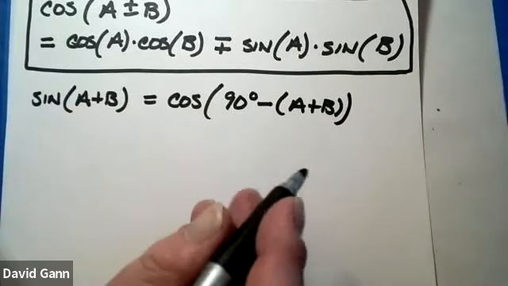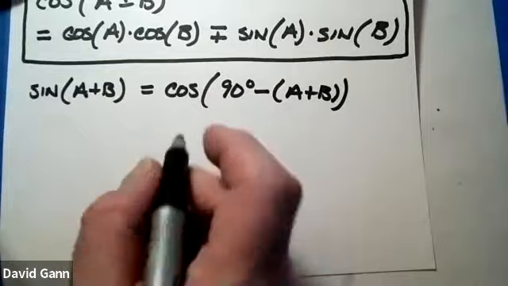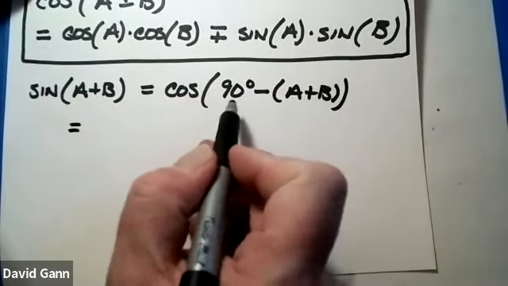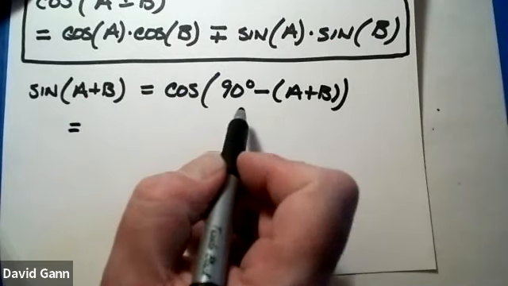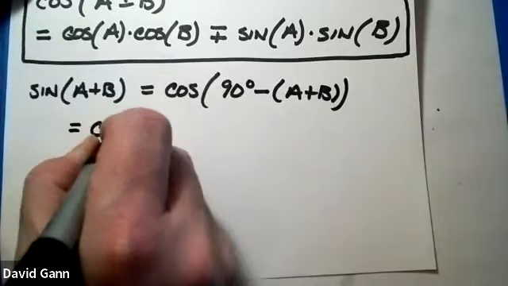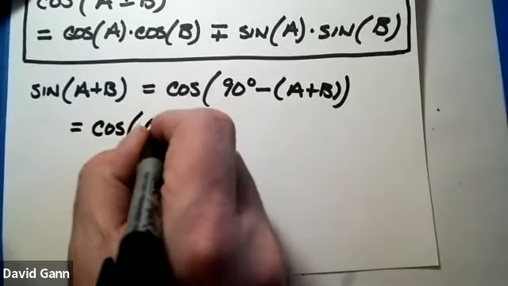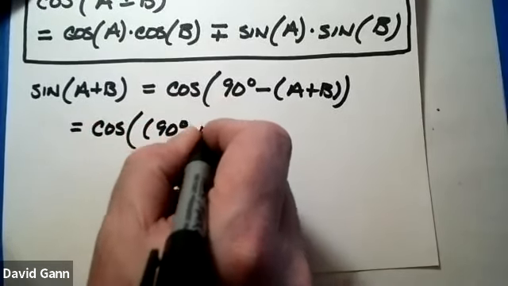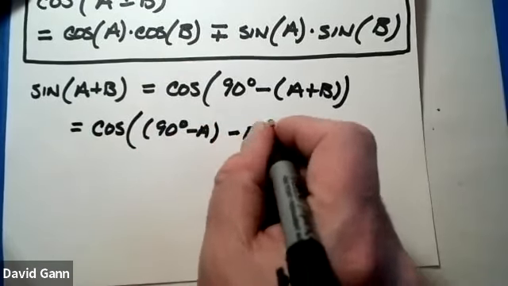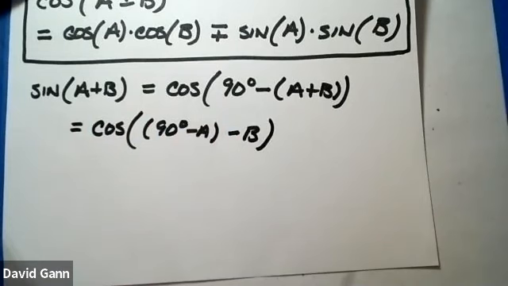And now, this is where my trickery comes in: I'm going to rearrange this so that I have a first term and a second term. So cosine of 90 degrees minus A, then minus B. Okay?